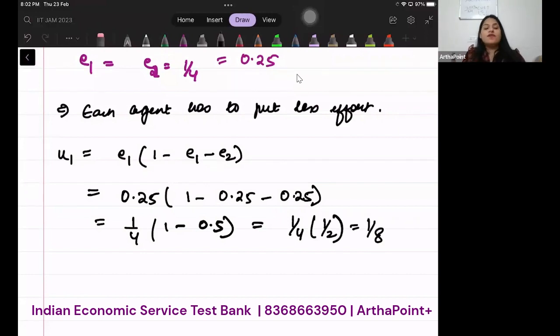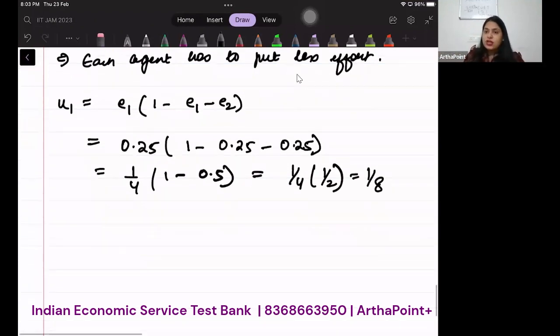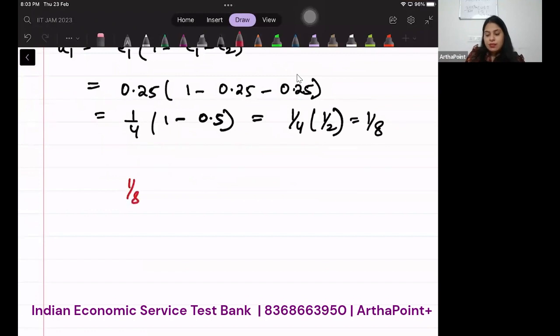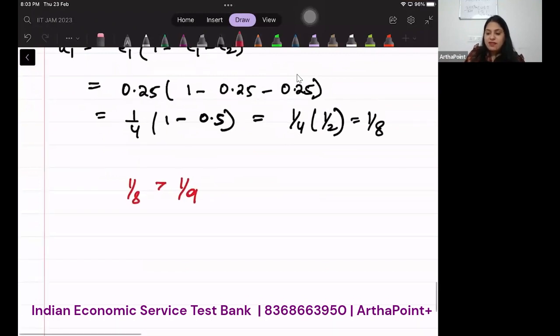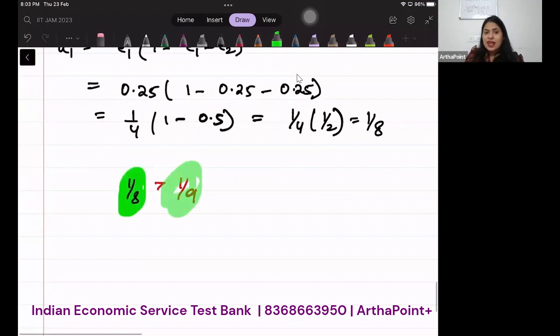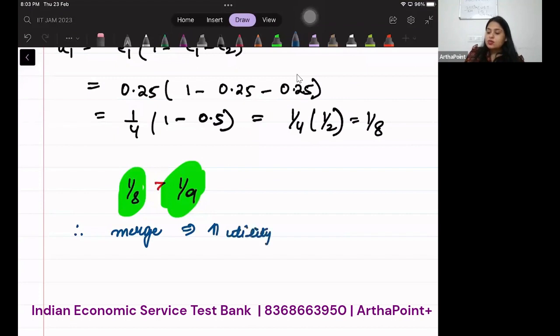So the utility of the agent, when they put in this equal effort and come together, becomes 1/8. And in the earlier case, the utility of the agent was 1/9. And we know that 1/8 is clearly more than 1/9, right? Here 1 is divided into only 8 parts, there into 9 parts. So 1/8 is more than 1/9, which means that when they merge, it increases the utility of the agent also.